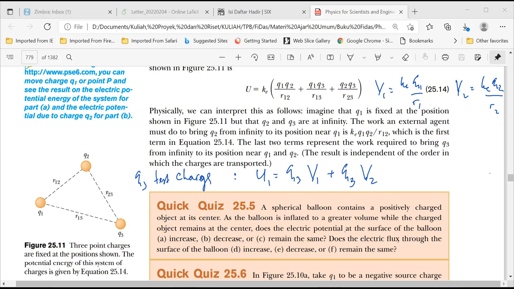Sorry, this should be r23. V2 is k Q2 over r23. Okay.